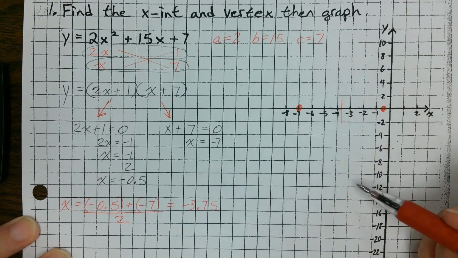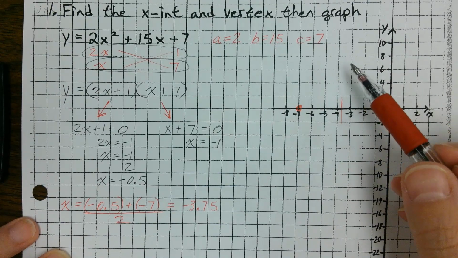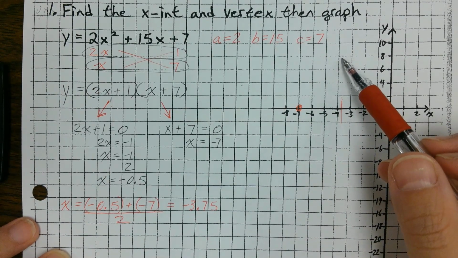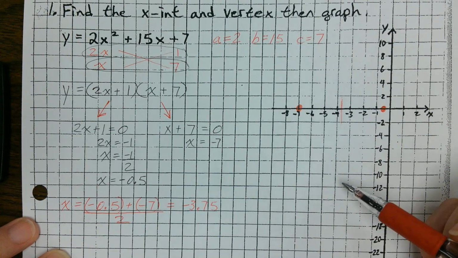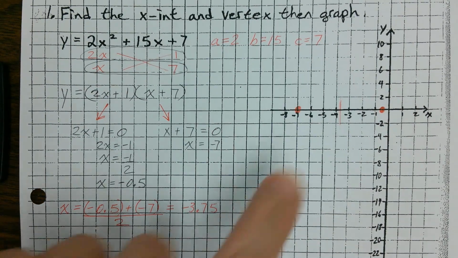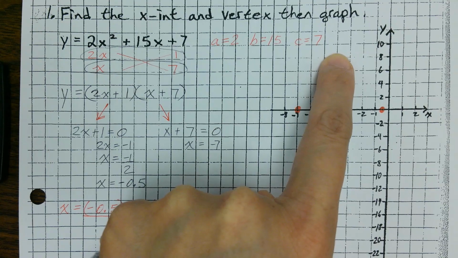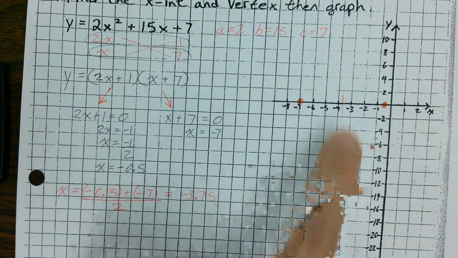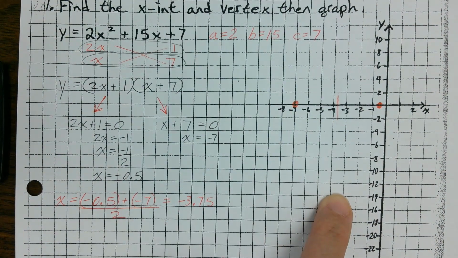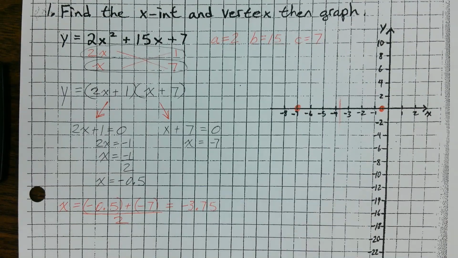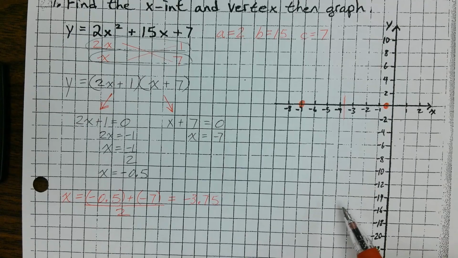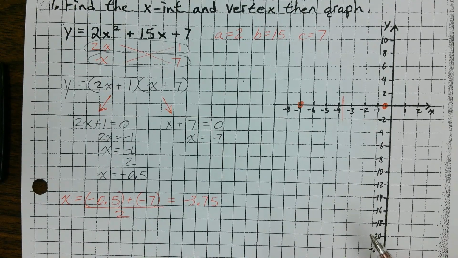Okay, now, do you think my vertex is up here in quadrant 2 or down here in quadrant 3? So who says my vertex is going to be up here? Who says my vertex is going to be down here? Okay, good. So Daniel, why will my vertex be down here? You're right.